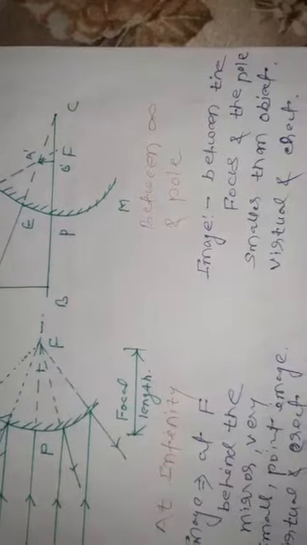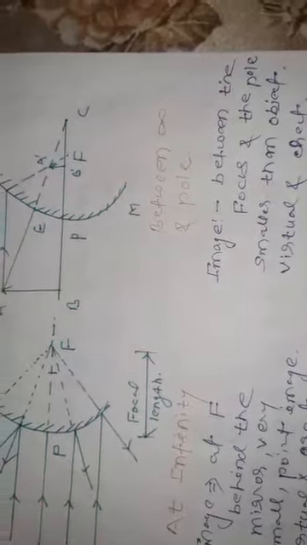And if we put our object in between pole and infinity, we get our image in between the focus and the pole, which is smaller than the object, also virtual and erect.